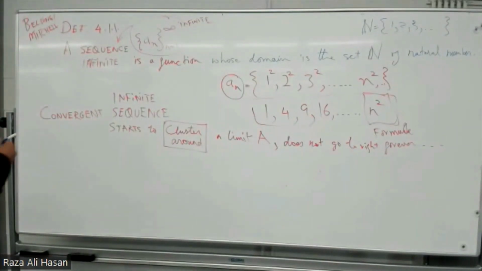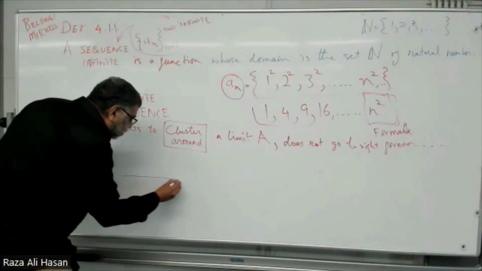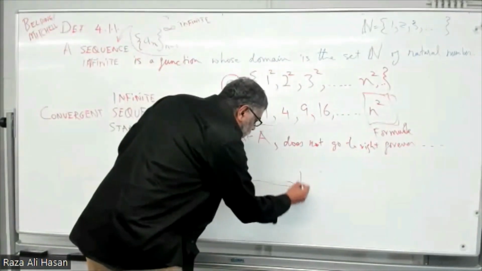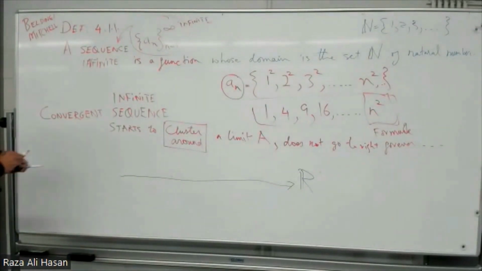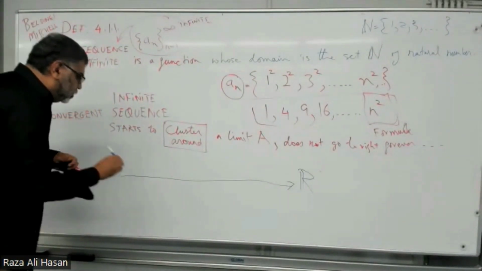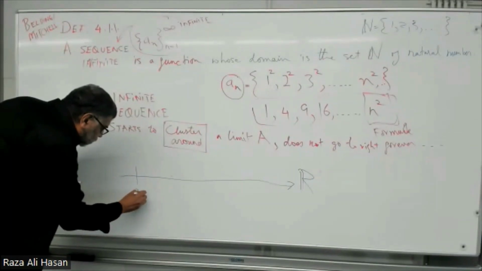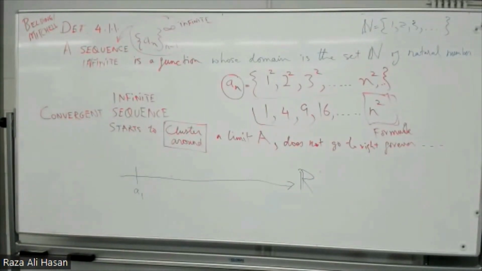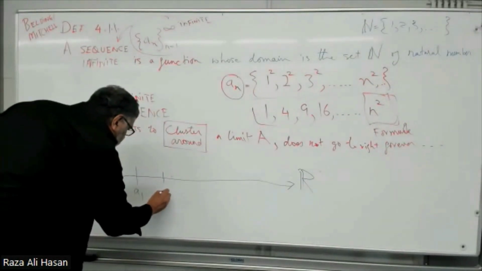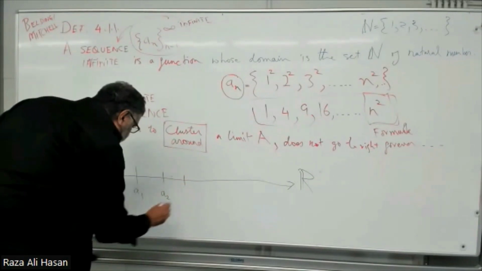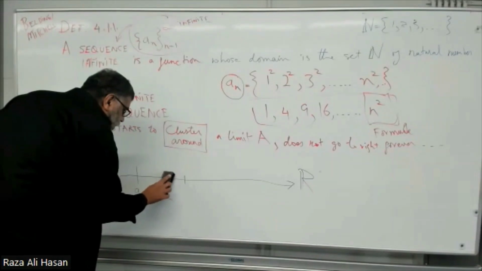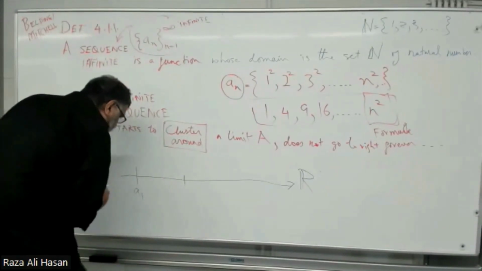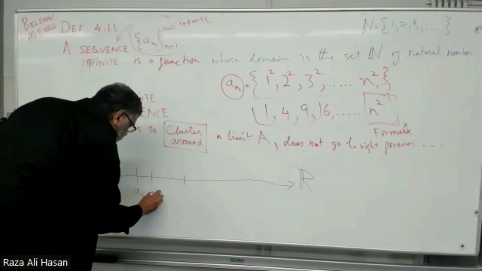We're going to draw our sequence here, in blue. We have a_1. Can you see a_1? Good. Then a_2, kind of over here, and a_3.